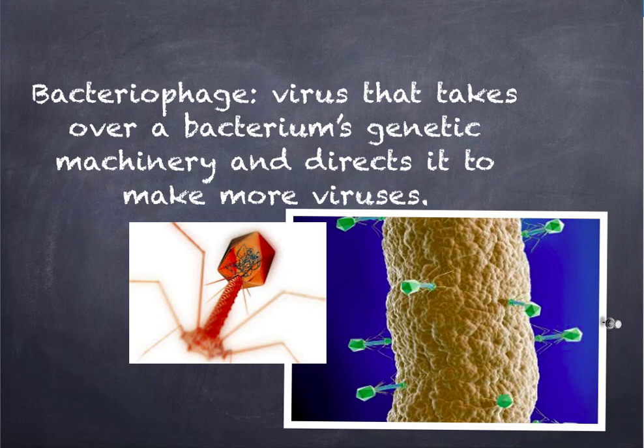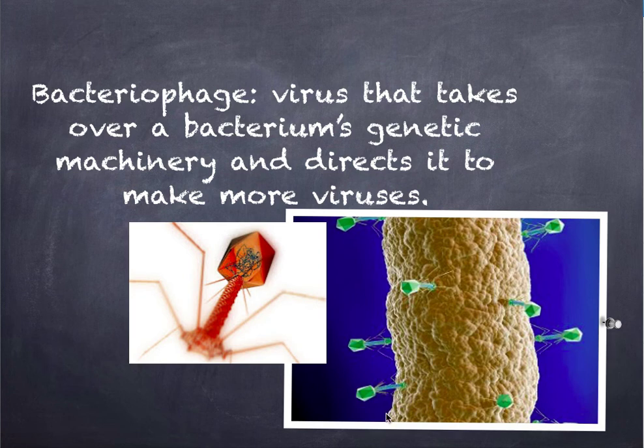This process really helped us understand how genetics worked and how DNA actually works. What we found was these bacteriophage, and you can see them here on this bacteria. And what we know about bacteria is it is a single-celled organism and it is microscopic, so we cannot see it with our naked eye, right?